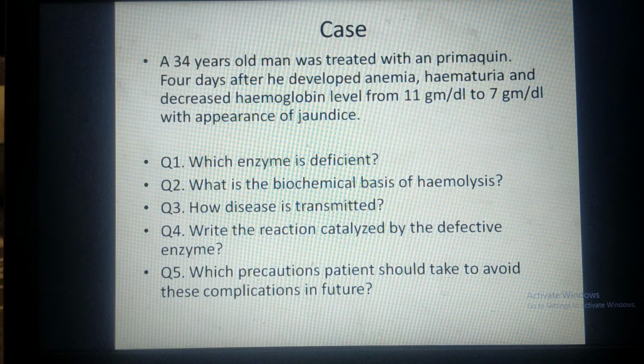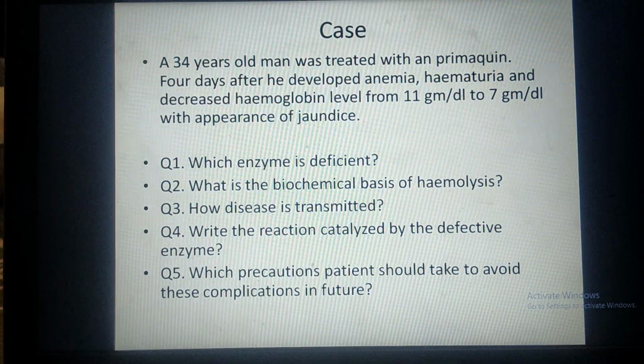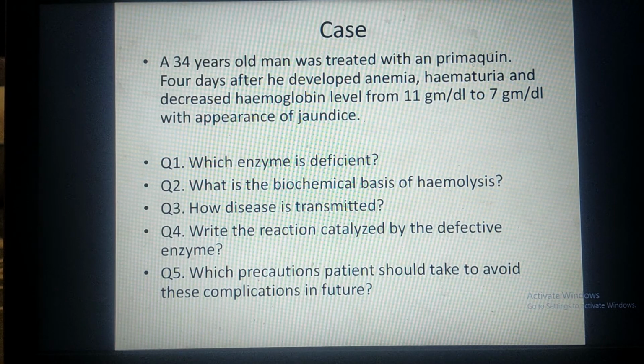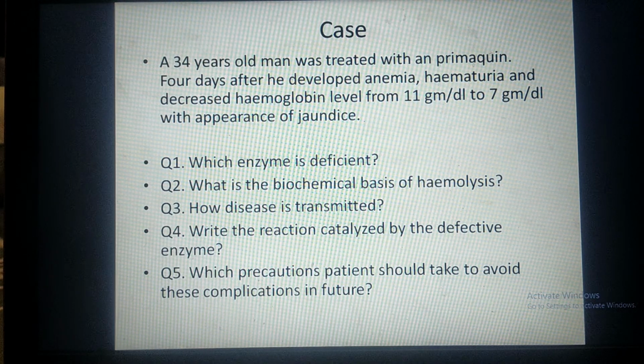The questions on this case are: which enzyme is deficient? The enzyme deficiency is glucose 6-phosphate dehydrogenase. Next question is, what is the biochemical basis of hemolysis? Here the biochemical basis is the same. Due to deficiency of the enzyme glucose 6-phosphate dehydrogenase, the HMP shunt pathway is going at a slow speed.